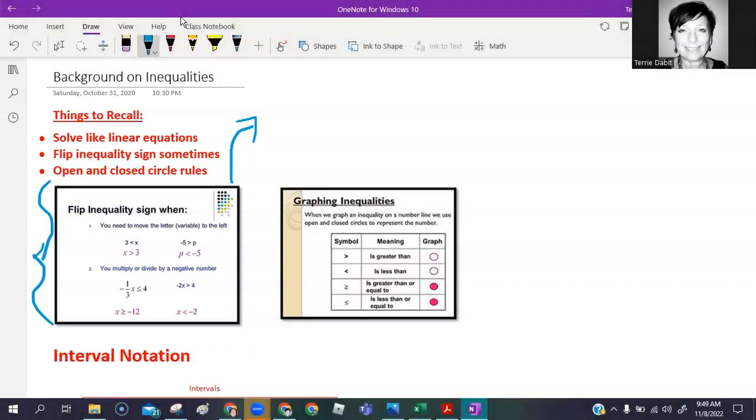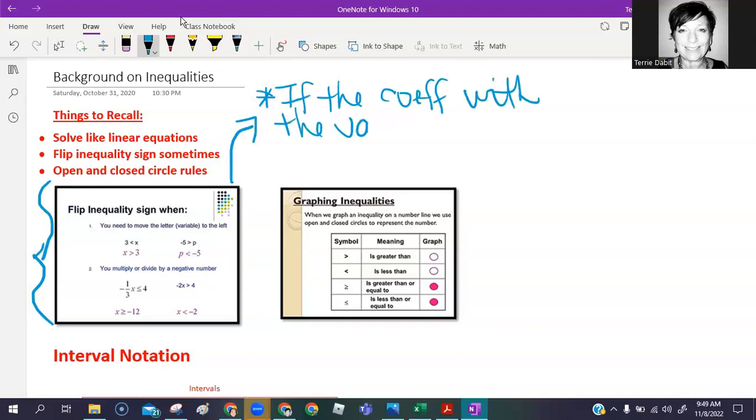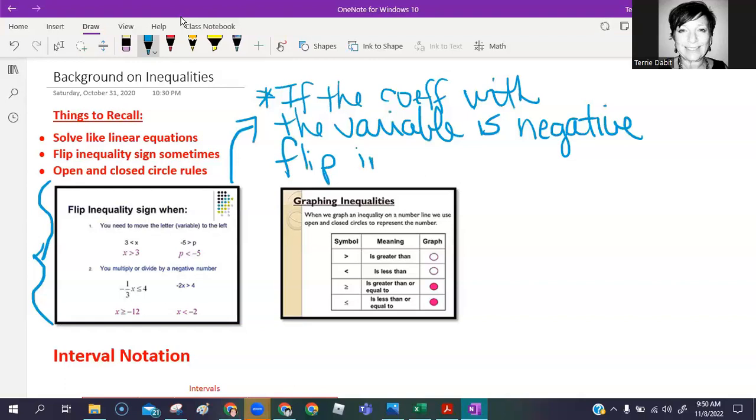So a good note for this one, if the coefficient with the variable is negative, then we are going to flip that inequality sign. They've got a couple examples over on your resource over here.